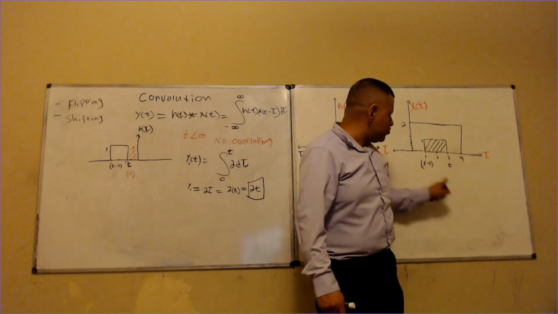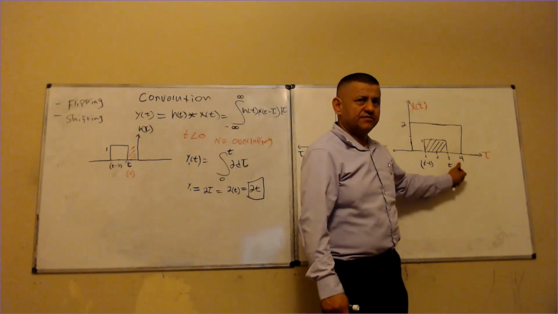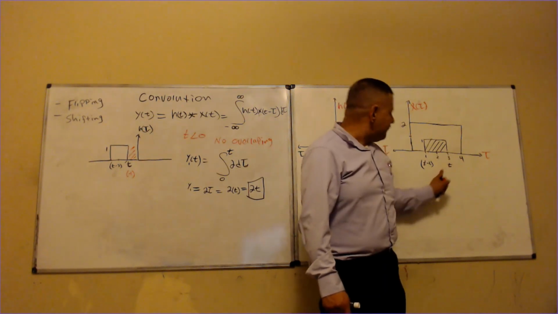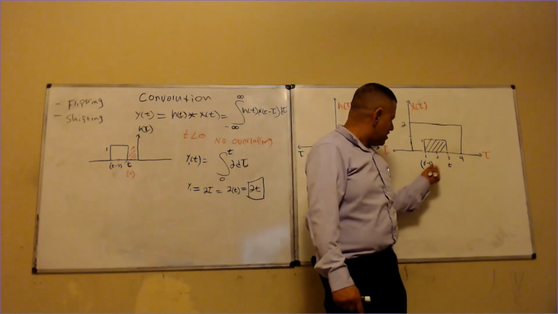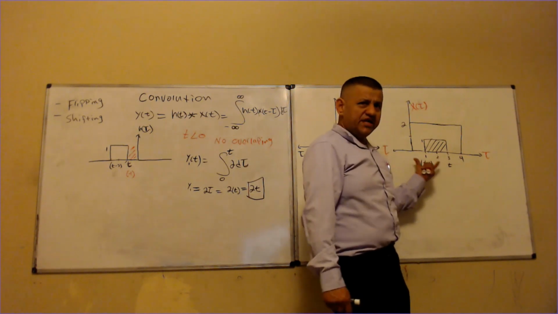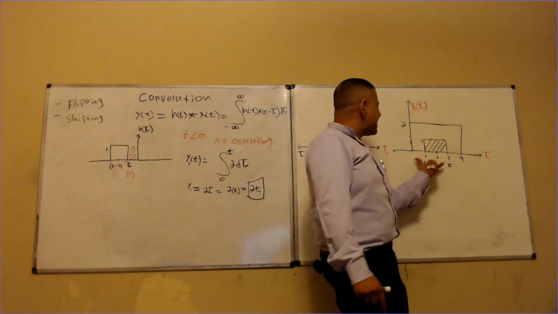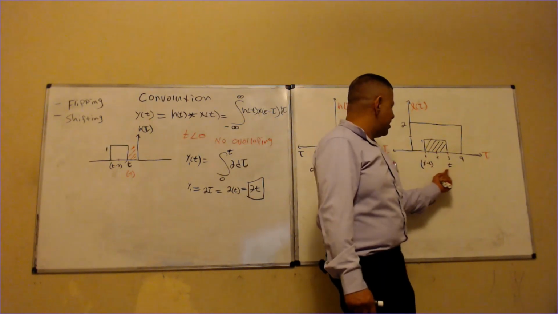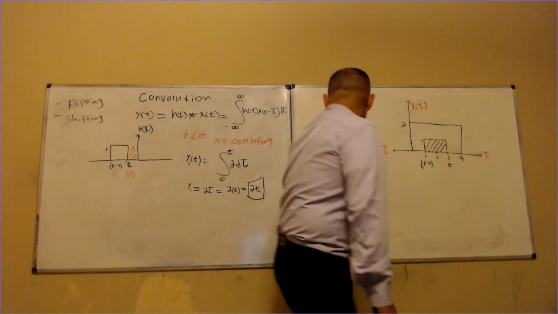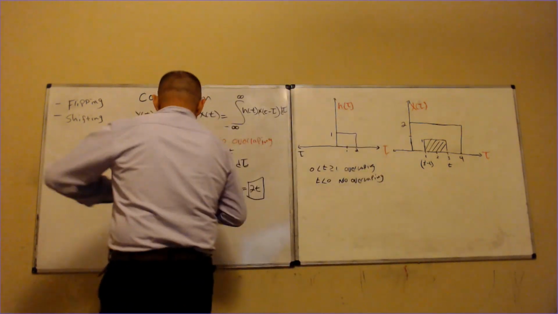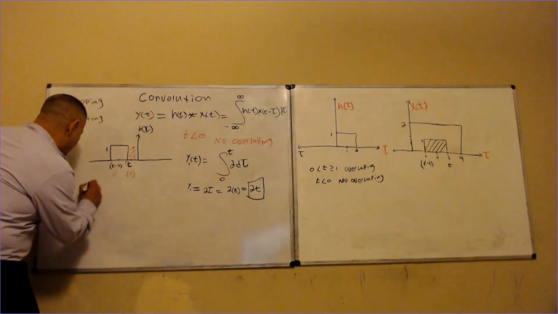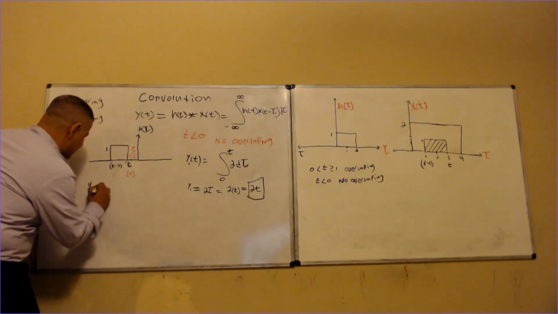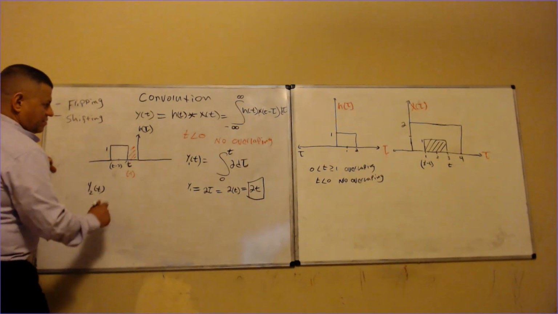Before that, I have to consider t in between here, so it's going to complicate the integral until I get to that one. Okay, so now I have considered the integral of y. This is y2 of t now, right?